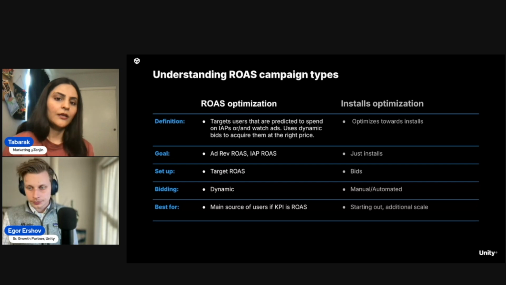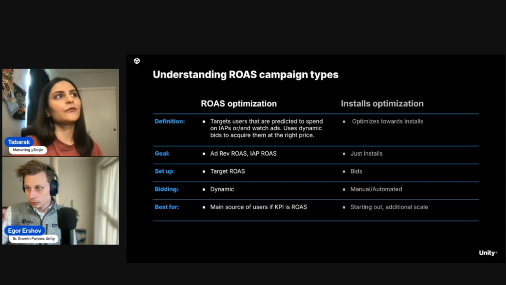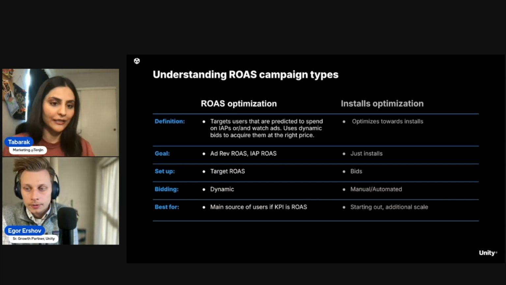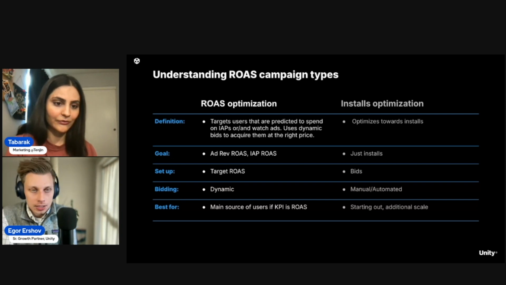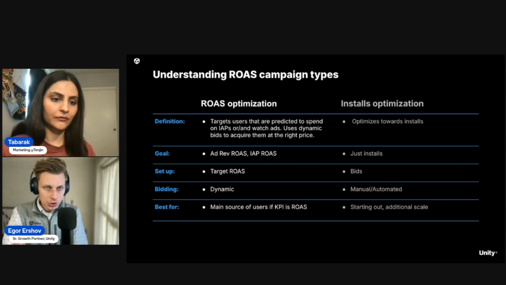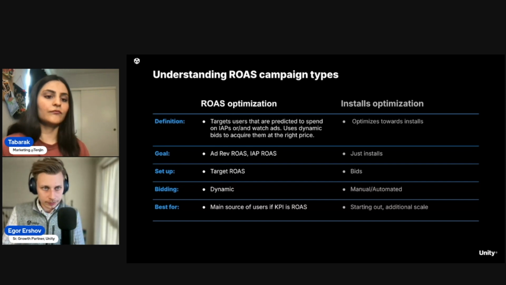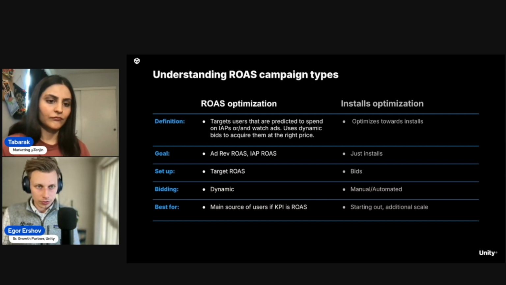Yeah, and I think from what I know, we also have to run CPI campaigns for a while in order to then start with ROAS campaigns. That's correct. So, as I've mentioned, ROAS campaigns use your data as a fuel for the machine learning algorithm. So you have to run install campaigns for some period of time until you reach the eligibility for the ROAS campaigns.